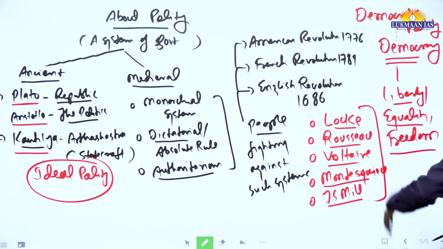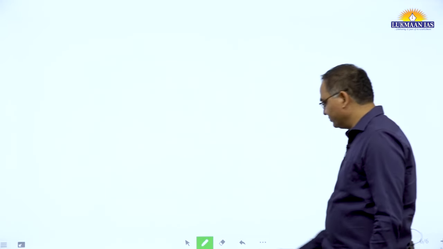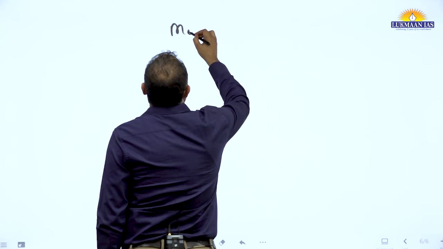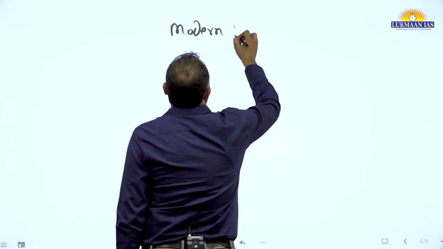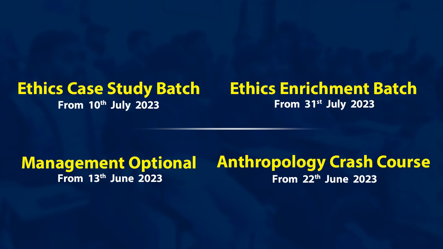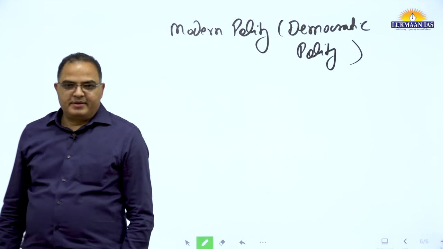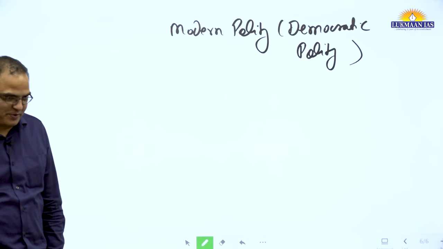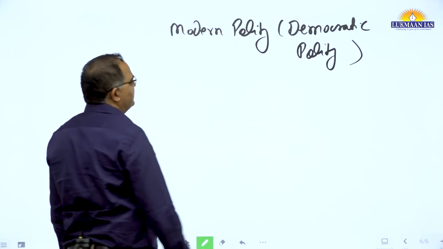So, about polity, let's talk. We talk about modern polity. Modern polity is about democratic polity. What is this democratic polity?